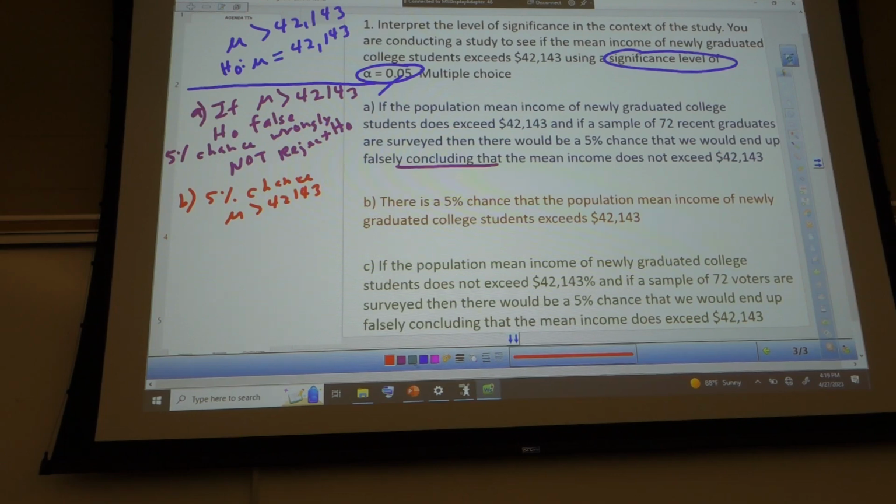And then C, the last one, is if the mean does not exceed 42,143. So in other words, if mu is less than or equal to 42,143, which means that should we reject, is H naught true or is H naught false?